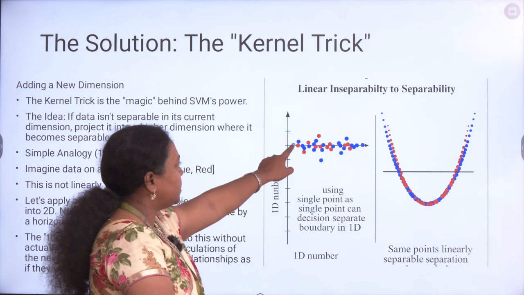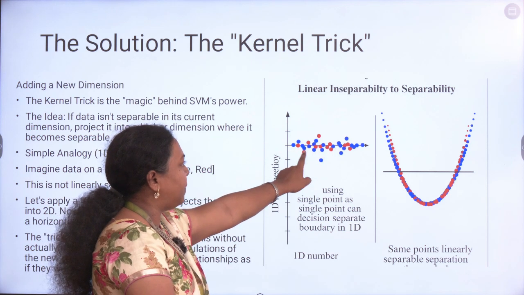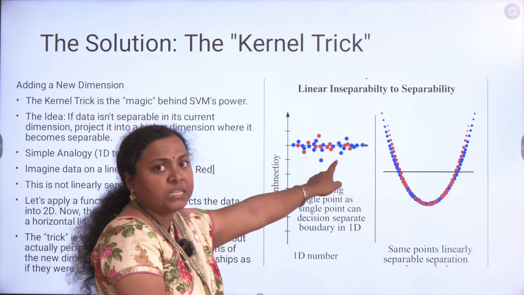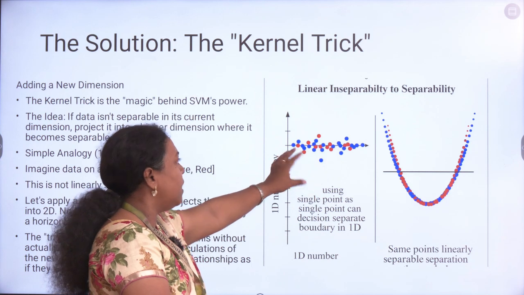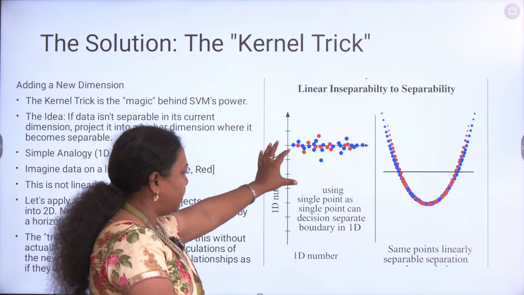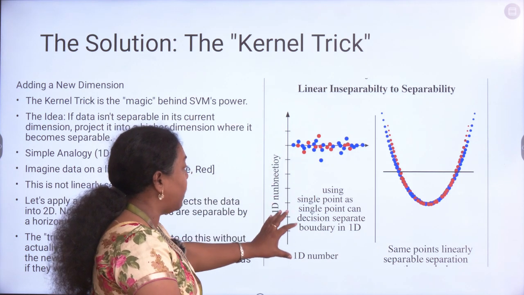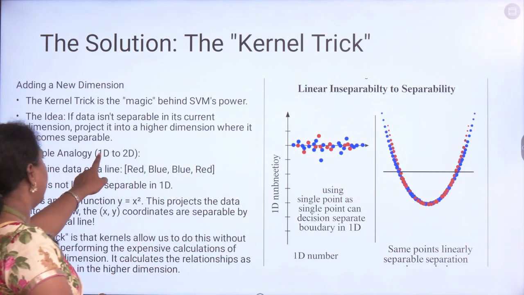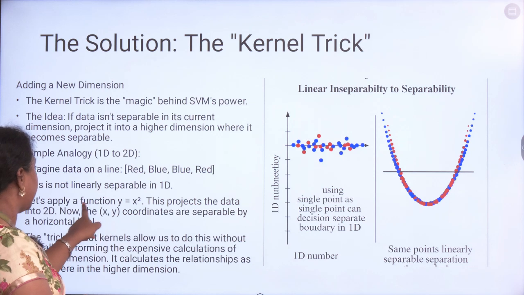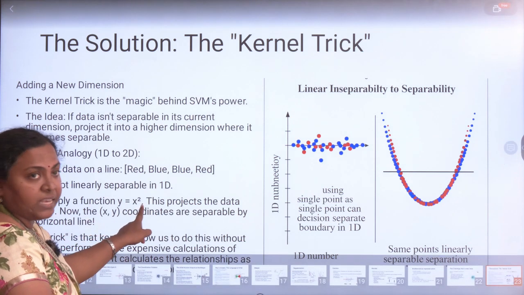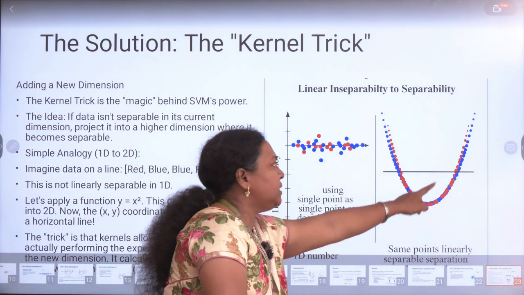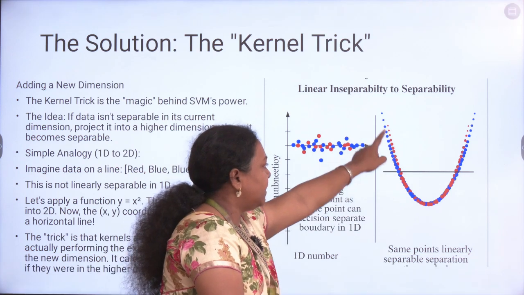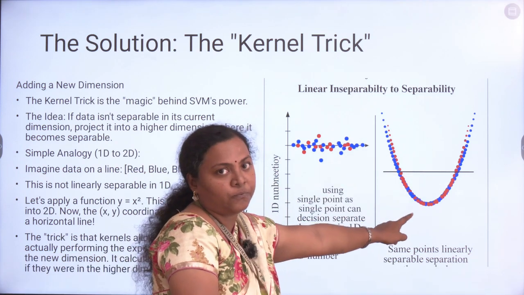The red dots and blue dots are overlapping, and there is no chance of separating this data. But when you change this 1D dimension to a 2D dimension by applying the transforming function y equals x square, you are able to see a curve here, and the data also have a uniform fashion here.